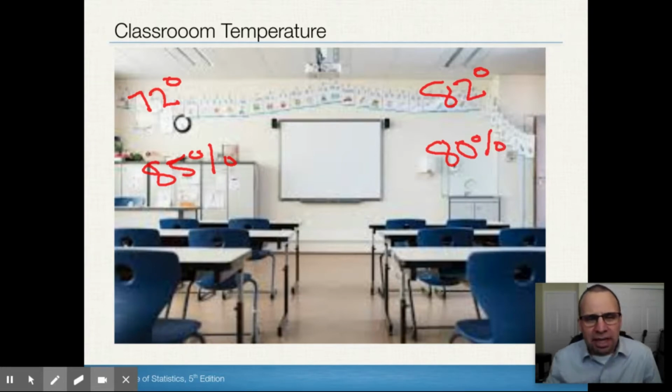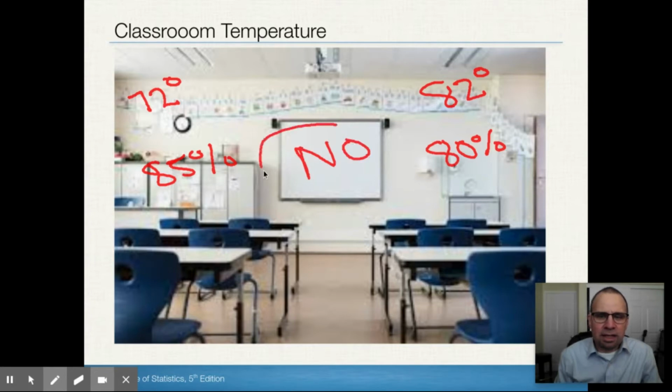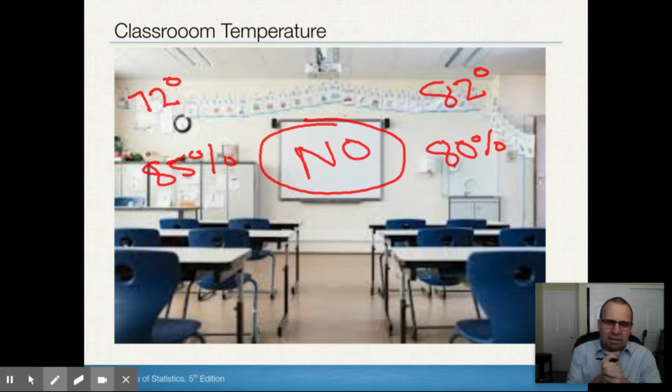Can I therefore conclude that raising the classroom temperature will decrease my average percentage score on my chapter exams? And the answer is no. The real main idea behind this is that there are so many other things that could have caused the class average to go from 85 to 80%. It could be a different test.